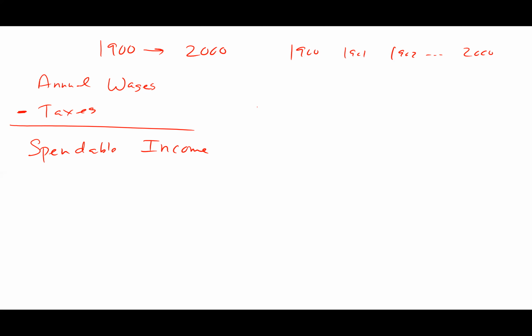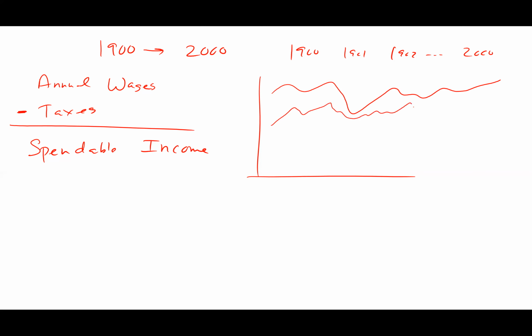And it was pretty cool. The graph kind of went like this. The graph was wages like this, and then the taxes were like this. Some years it was not always the same per year, right? See this little gap right here, that was the difference, that was the spendable income, which I thought was pretty cool. Okay, so again, something you did not know before, you were able to get just by subtraction.